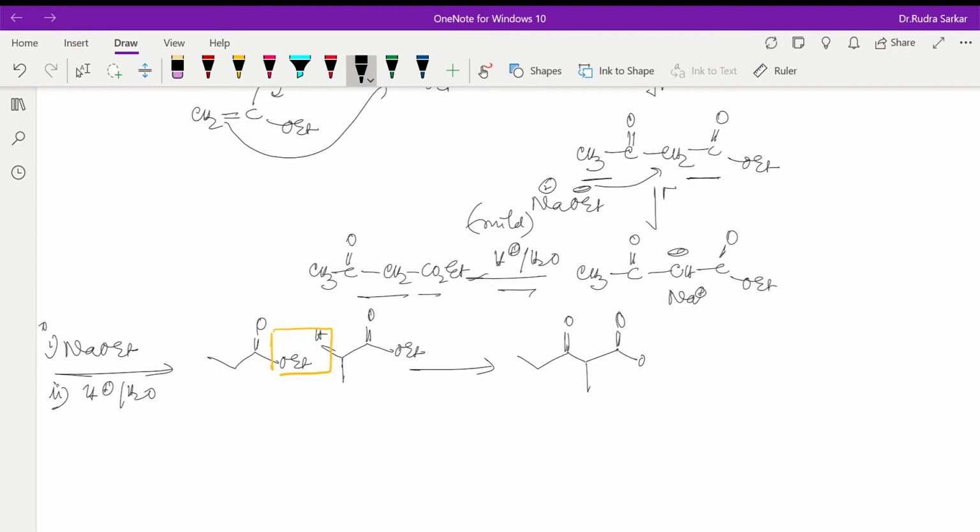Now the easiest way of verifying this is: this is your alpha and this is your beta. So this is a beta keto ester.